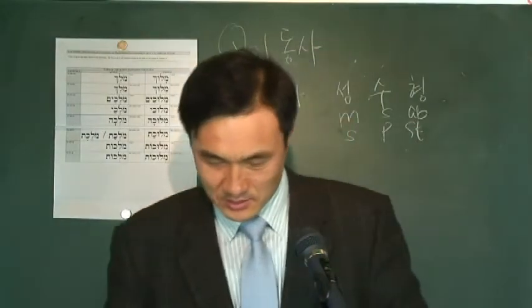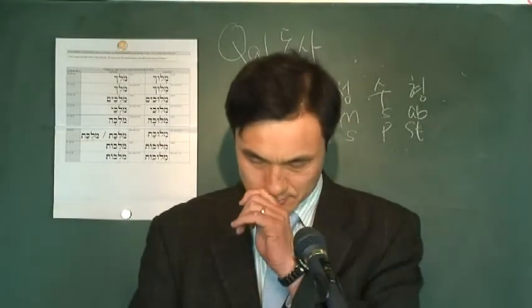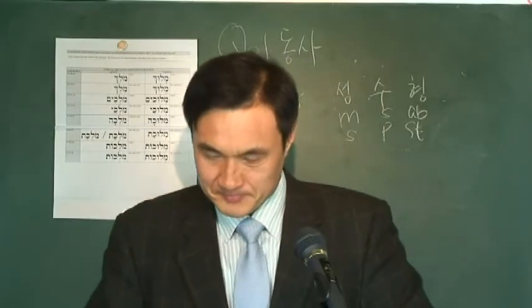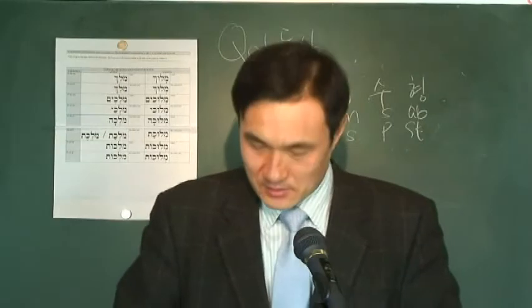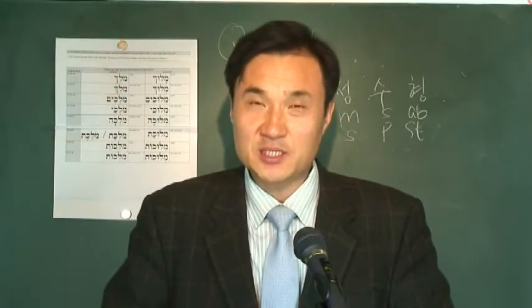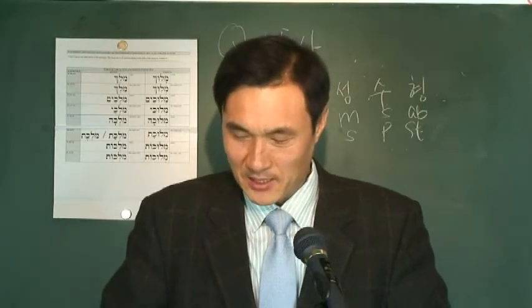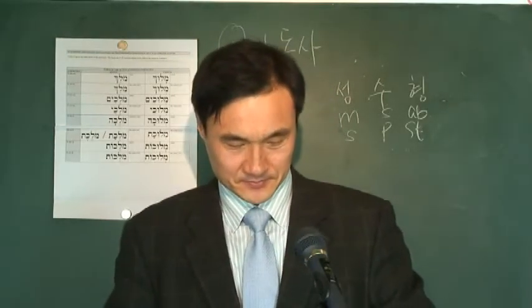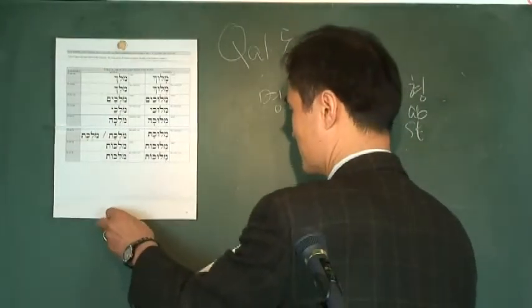Now let's learn how we can use the active and passive participles of the kal verb.